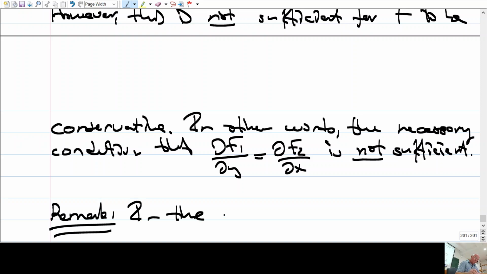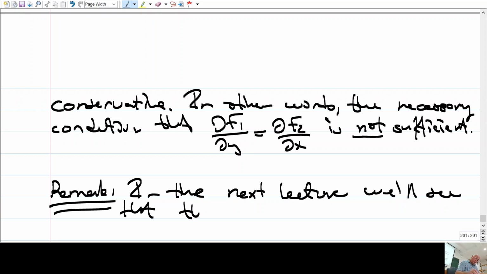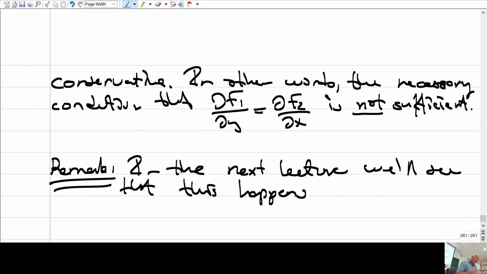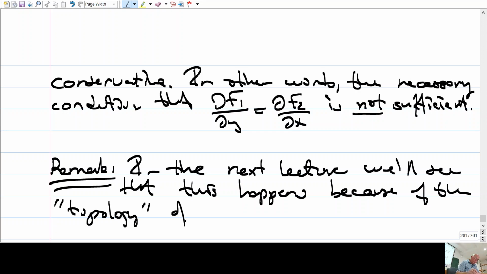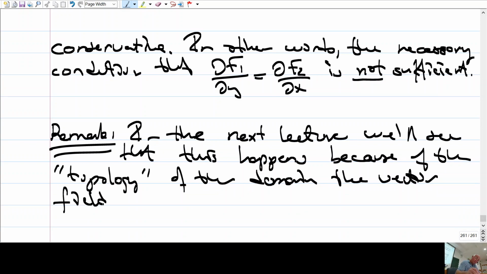In the next lecture, we will see that this happens because of the topology of the domain the vector field is defined.